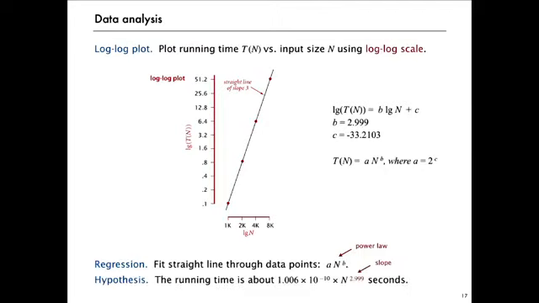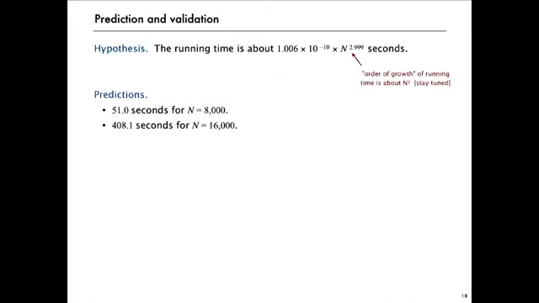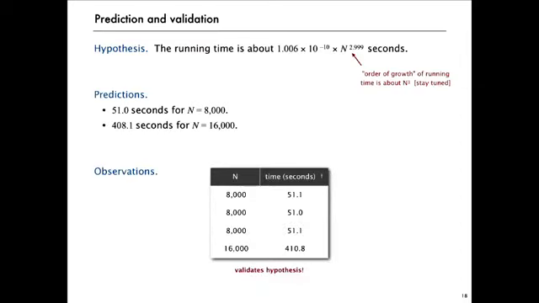We can do the math and figure out that it seems as though the running time is about 10 to the minus 10 times n cubed seconds. And we can use that hypothesis to go ahead and make predictions. Just plug in for different values of n, and it says it ought to take us 400 seconds for 16,000.